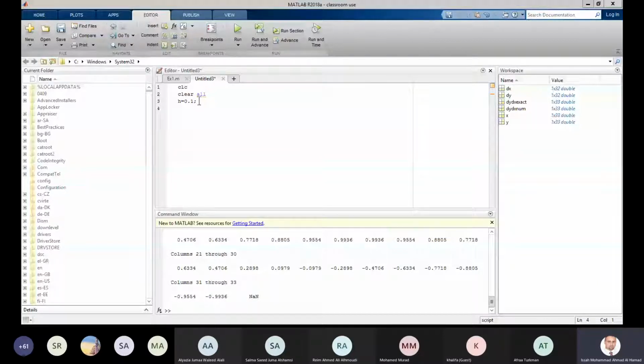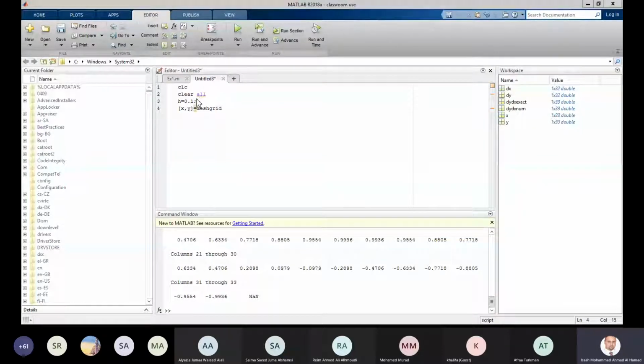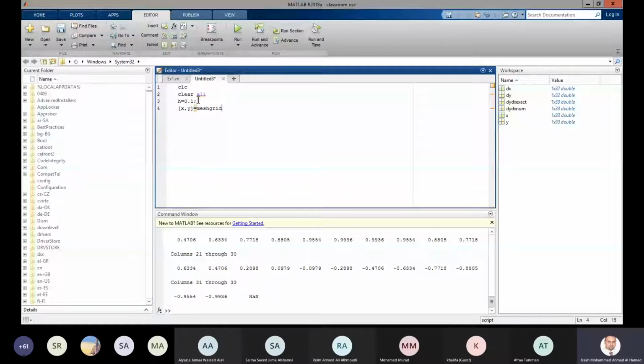Now I will define x and y as mesh grid from -1 with an increment of h up to 1. This means that I have defined the plot at the beginning to start from -1 to 1 with an increment of 0.1.